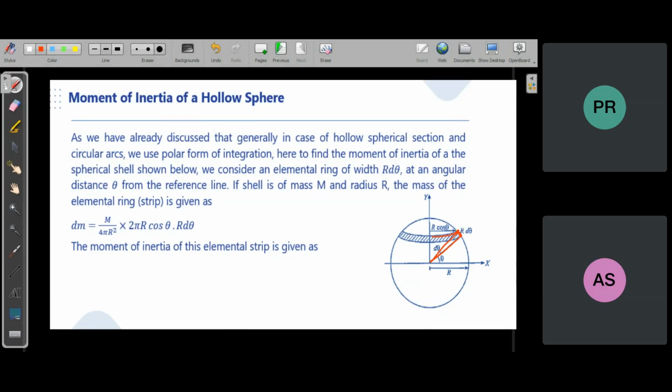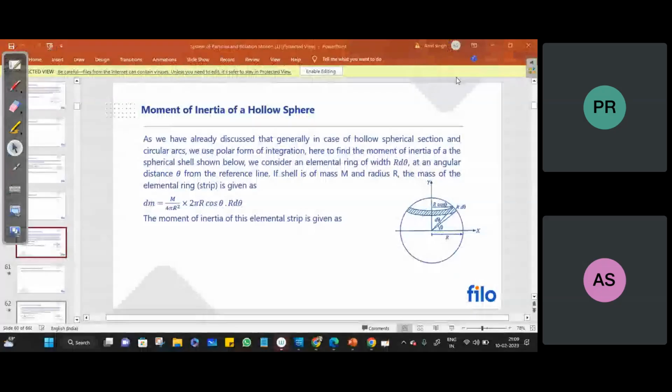So this arc will actually draw a ring on the surface of the sphere. This ring will have a width, and that width is nothing but r d theta. And now again the same thing. Taking it as a ring, you will find the moment of inertia of the element, and then you will integrate it.